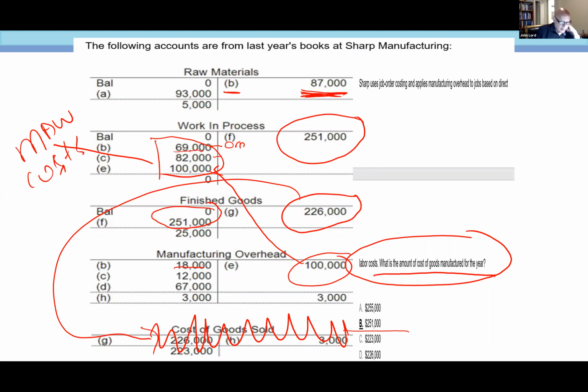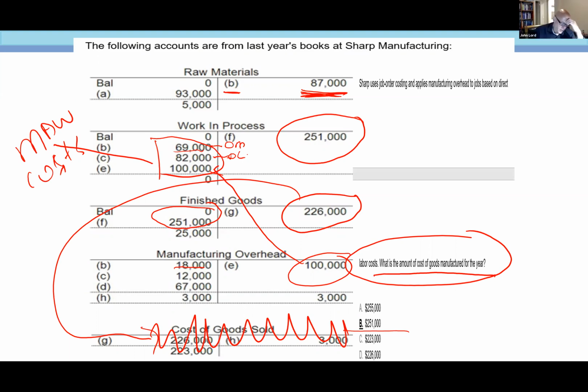And then if they asked me what was my direct labor, even though they don't show me salaries payable, I can tell you what my direct labor is because it's the only thing left that got added to work in process as a manufacturing cost that was not materials or overhead. So I'm only left with direct labor, right? The 82,000. Yep. Okay.